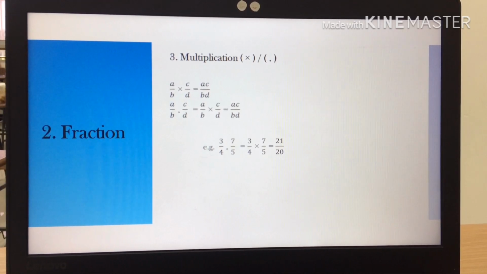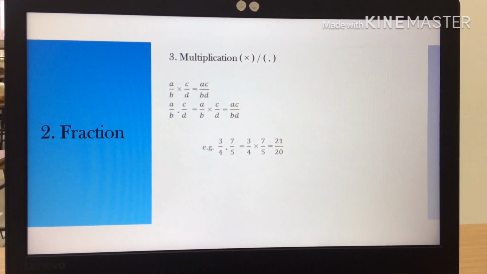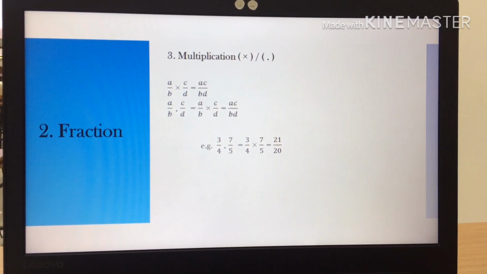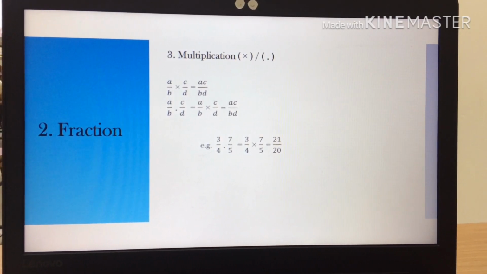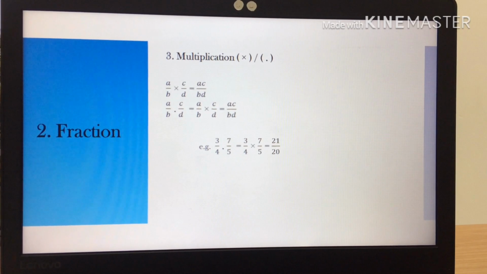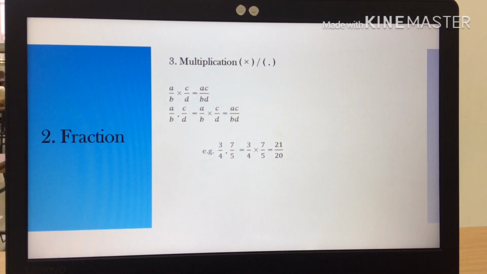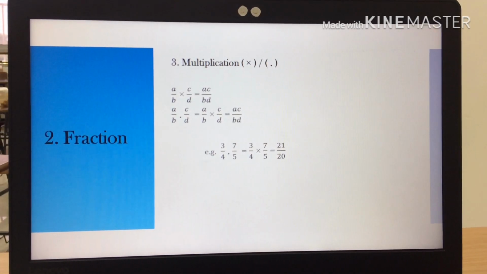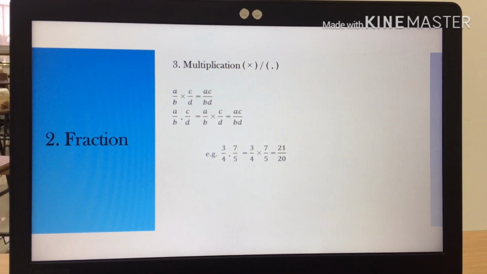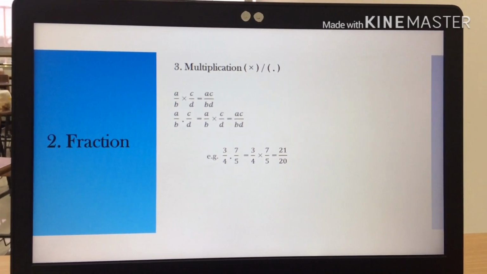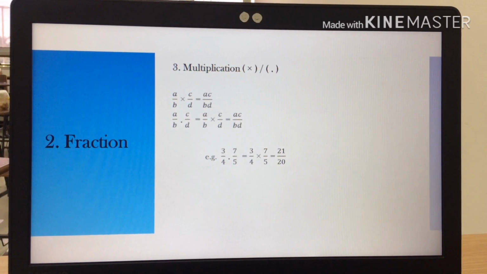A over B dot C over D equals A over B times C over D equals AC over BD. For example, 3 over 4 dot 7 over 5 equals 3 over 4 times 7 over 5 is 21 over 20.